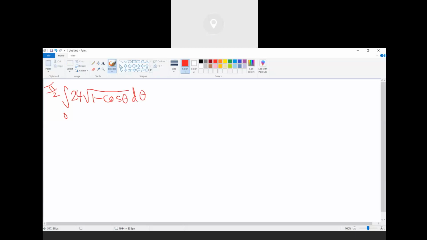U substitution is out because if you take the derivative of negative cosine, that will give you a positive sine theta. And sine theta is nowhere in the problem.